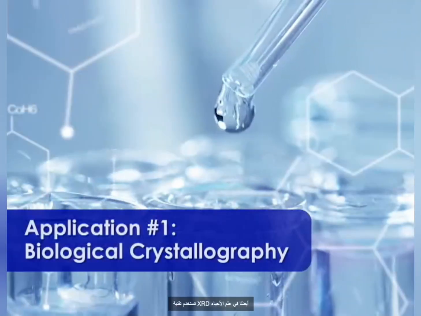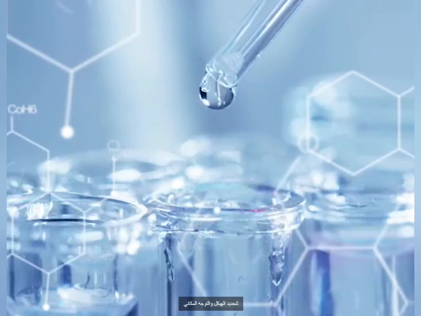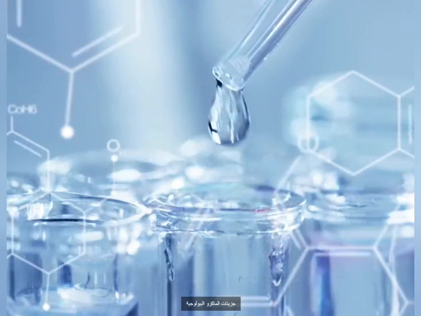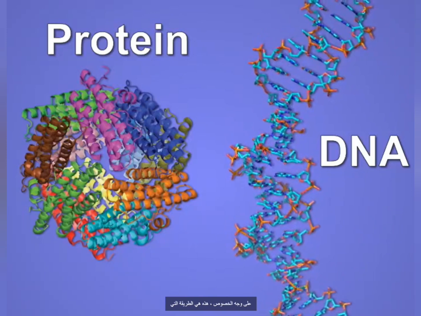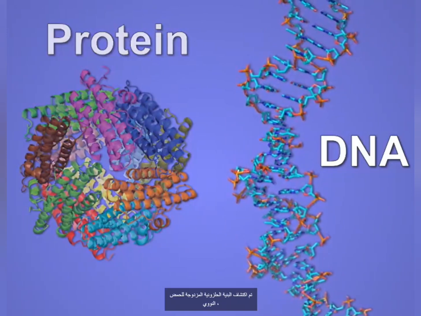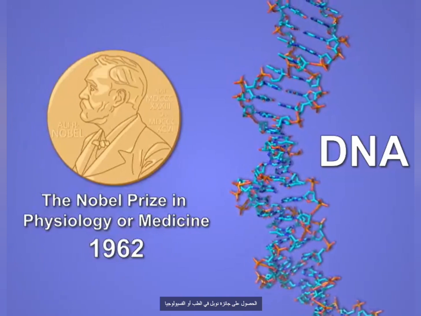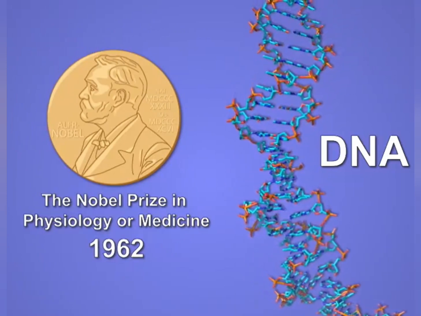XRD technique is also used in biology to determine the structure and spatial orientation of biological macromolecules such as proteins and nucleic acids. In particular, this is how the double helix structure of DNA was discovered, leading to the Nobel Prize in Physiology or Medicine in 1962.